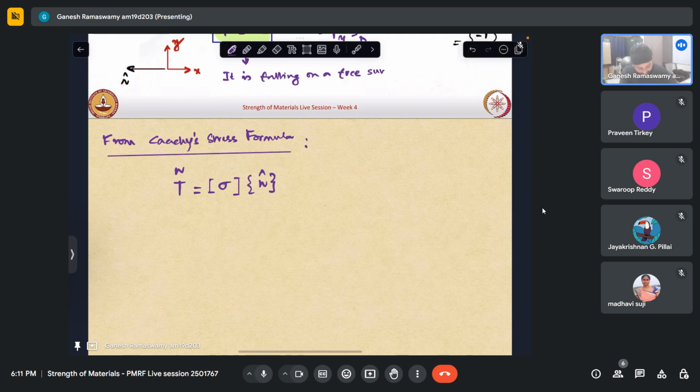Actually speaking, it will be the transpose of the Cauchy stress tensor, but since it is symmetric, it doesn't matter. So this is what traction on any plane is.